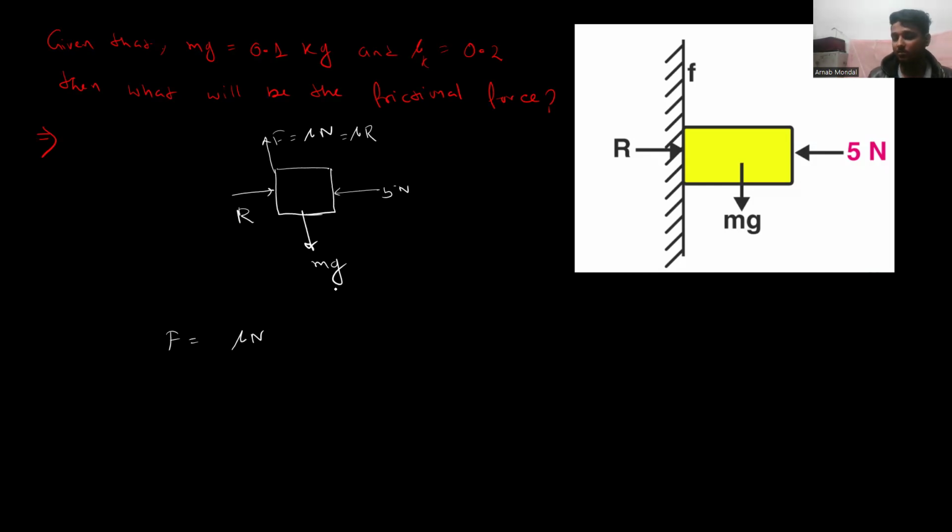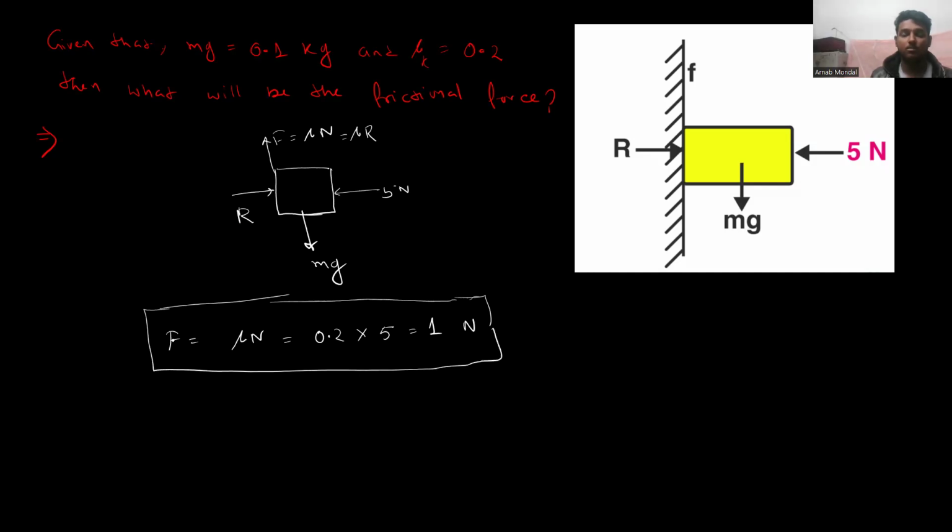Here the vertical force is mg, so there is no need to consider it. So we can discard it and continue. The mu value is given here, 0.2, and N is 5 Newton. So it's 1 Newton. This is the frictional force. Easy, easy, easy. Okay.